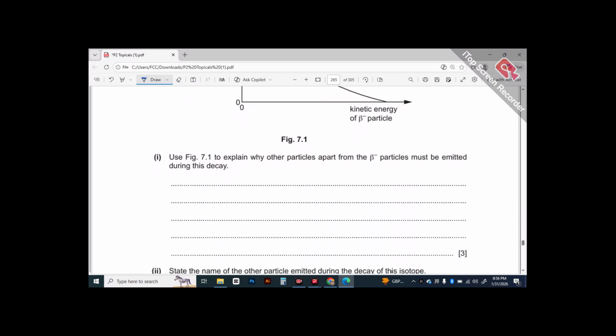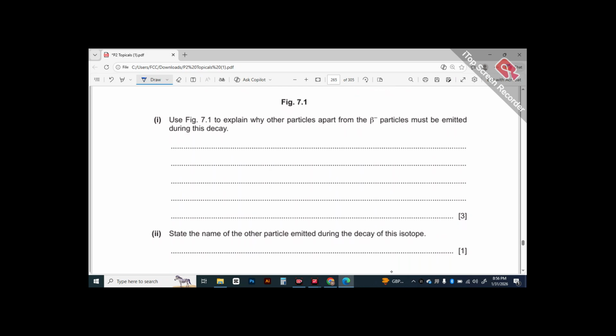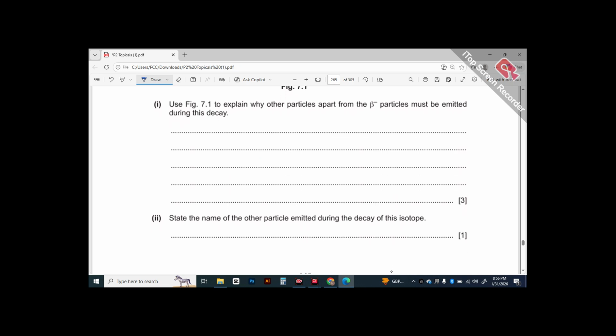Now they are saying, use this figure to explain why another particle apart from the beta negative particle must be emitted during this decay. First, let's establish what the other particle emitted along with this beta negative would be. From our understanding, we already know that with beta negative, an electron antineutrino is always emitted.